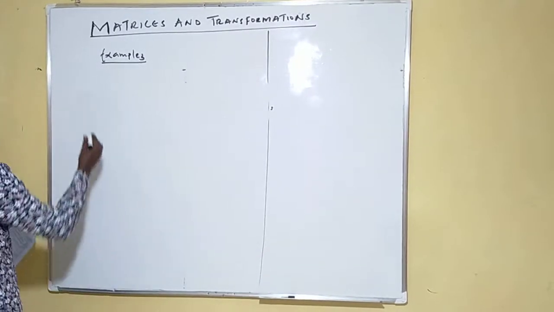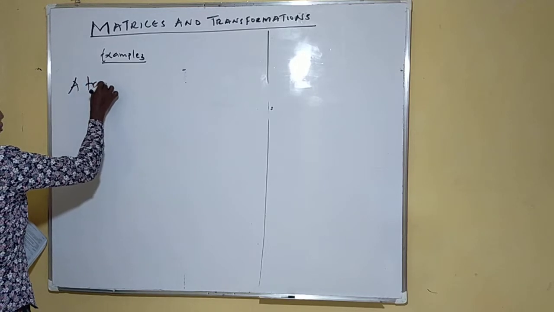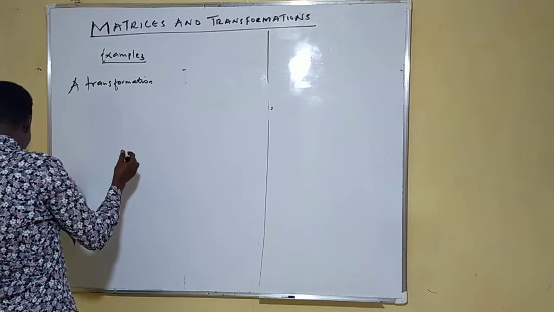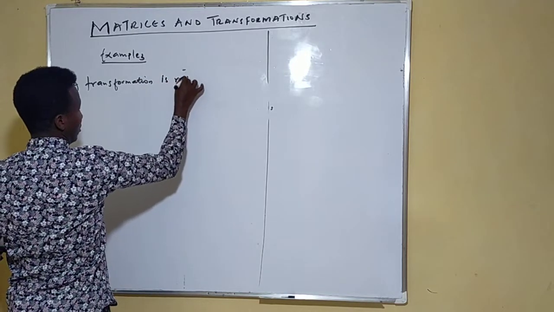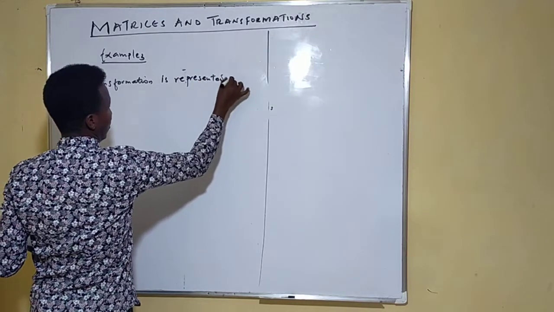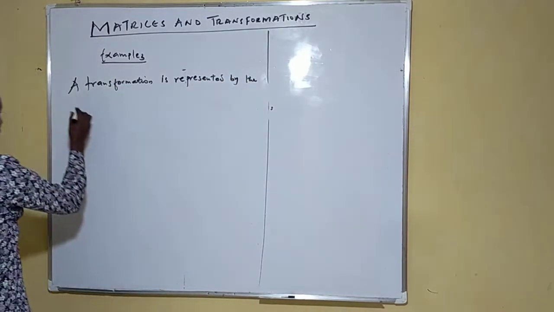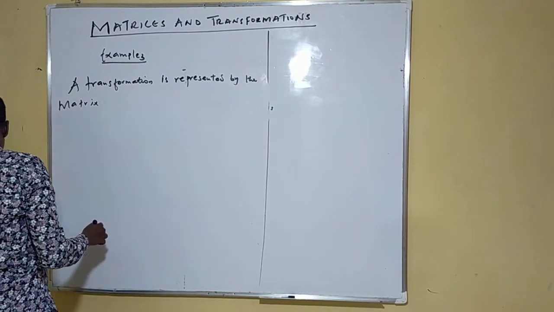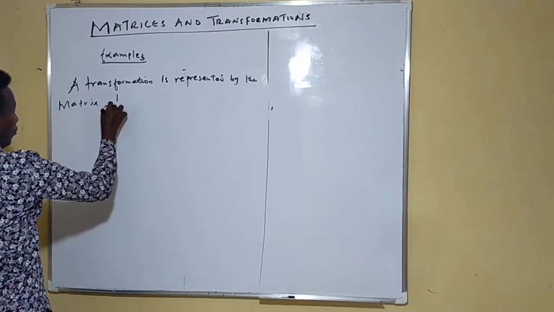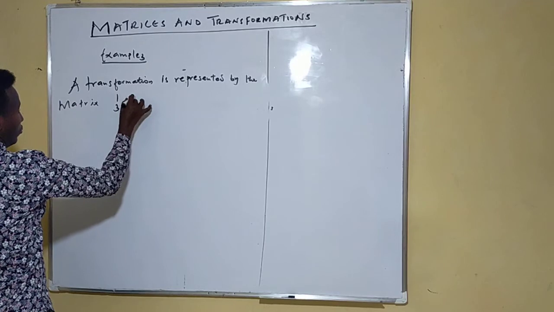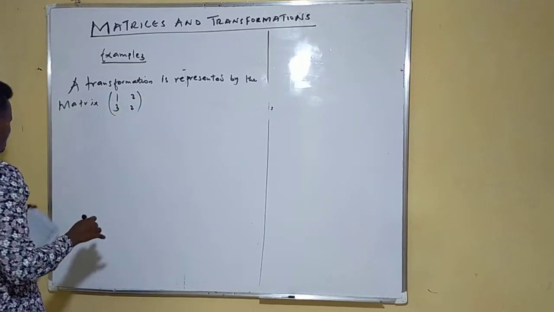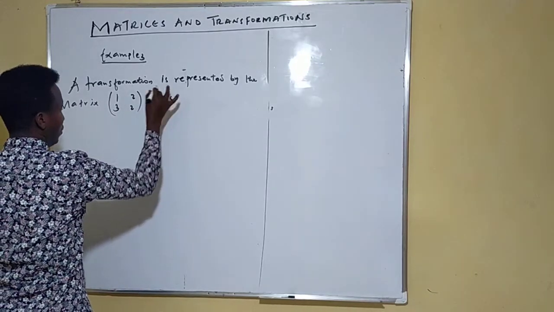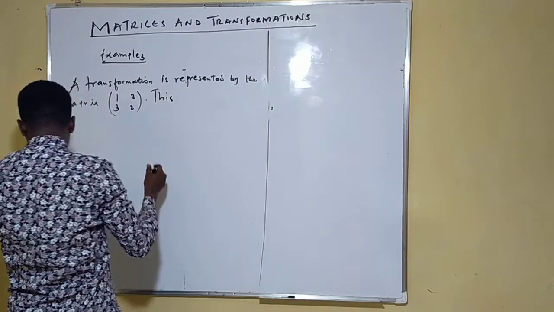You are told a transformation is represented by the matrix 1 3, 2 2.